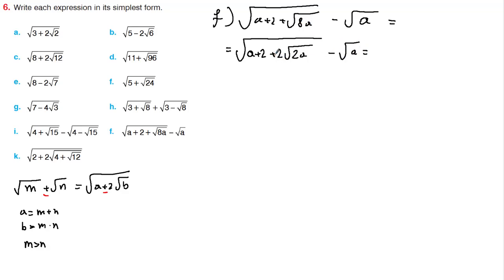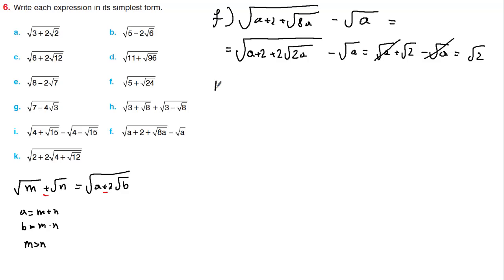Now, can you give me two numbers that add up to a plus 2 but multiply to 2a? Obviously, those two numbers are a and 2. Now, this is only from this square root. Now, I'm just copying the second part, minus root of a, cancel, so only root of 2 is left.